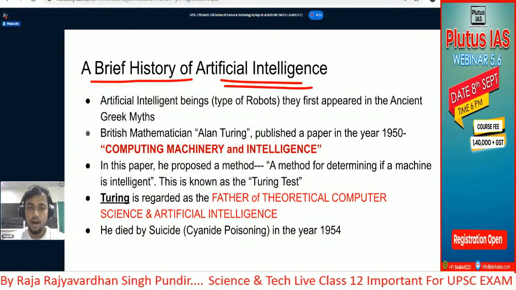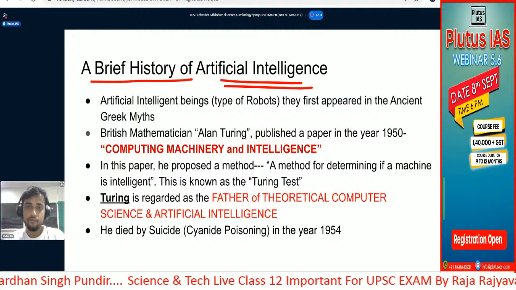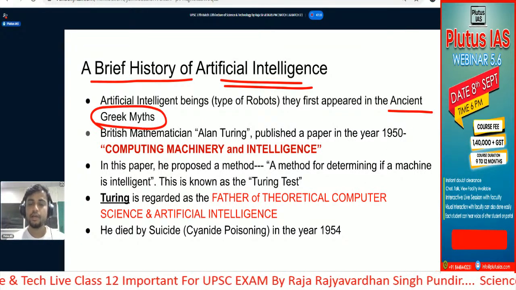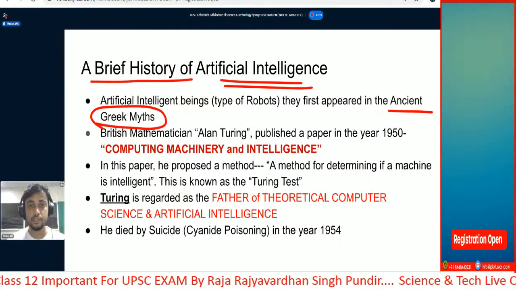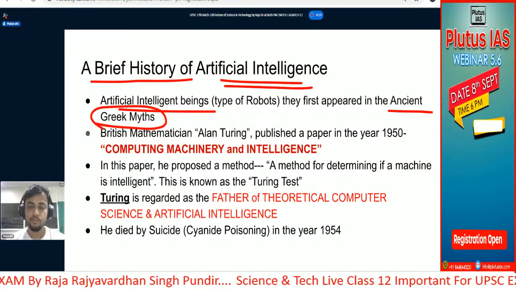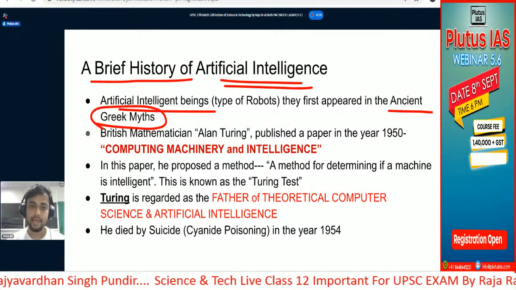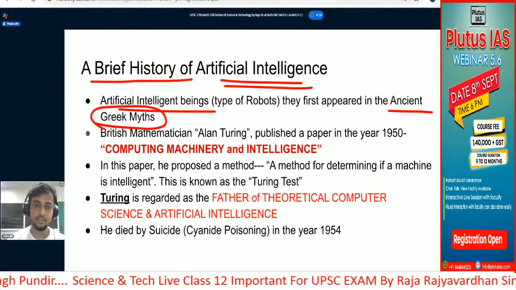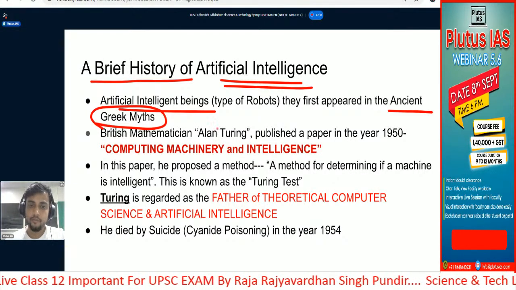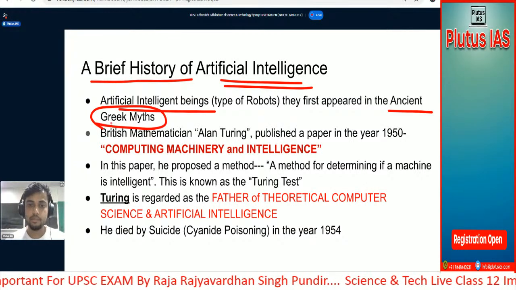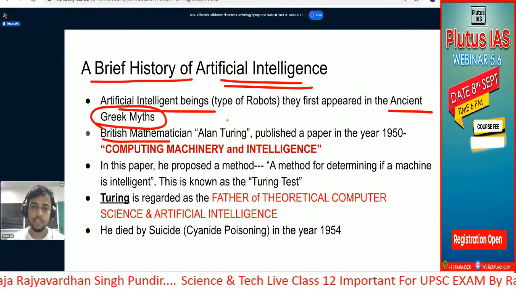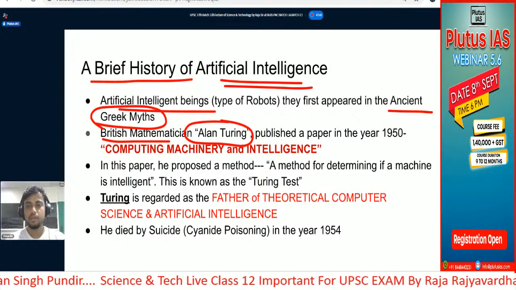These artificially intelligent beings first appeared in ancient Greek myths. In Greek mythology, there is discussion of some artificially intelligent beings, some kind of robots. And in the year 1950, there was this great British mathematician, Alan Turing.